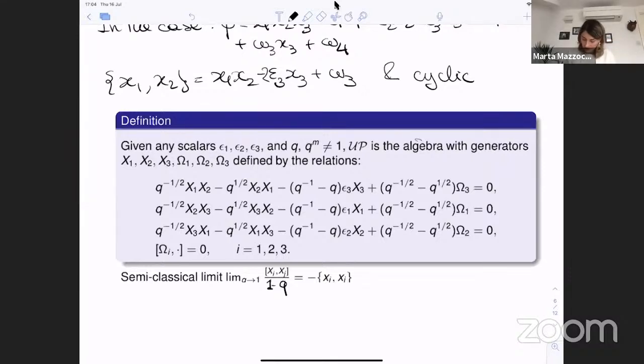And in fact, to do this, what I need to do is to specialize the algebra by specializing the central elements. Namely, we take a quotient of this algebra UP by assigning some values to these omega i's. This we call Confluent Zhedanov.